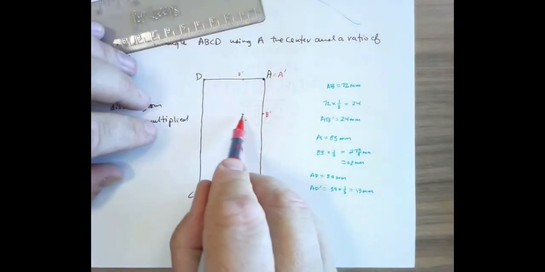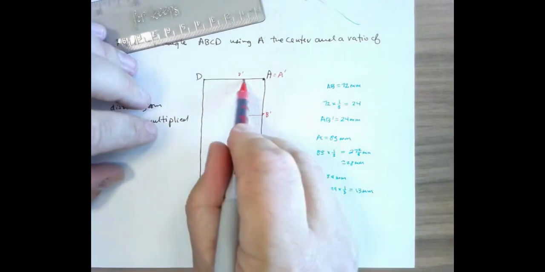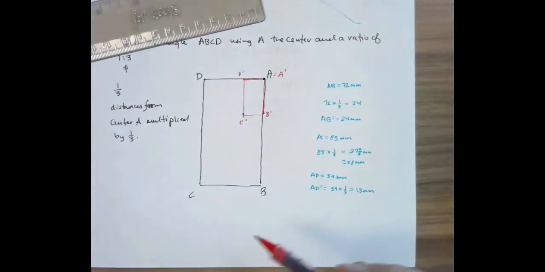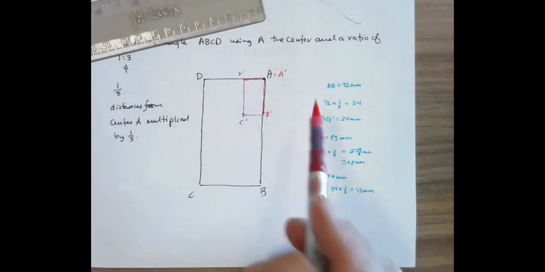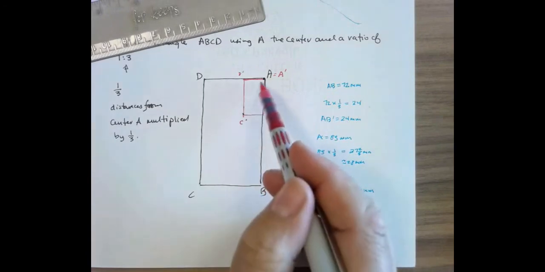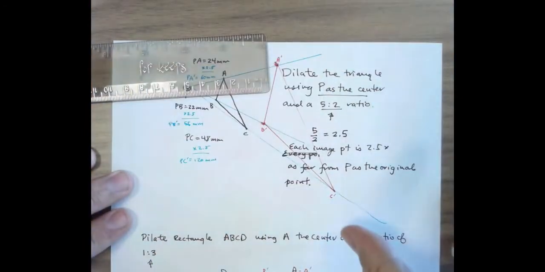If I connect the dots, I get my dilated rectangle. Everything is 1/3 as long as it was before. A to B prime is 1/3 of A to B, A to C prime is 1/3 of A to C, so on and so forth. And when you dilate, things move in towards the center, or as we saw before, things move away from the center.